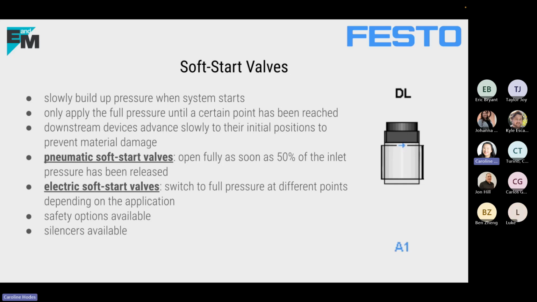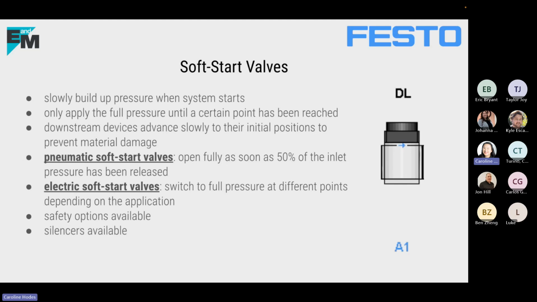The soft start valves will slowly build up pressure when a system starts. They'll only apply the full pressure once a certain point has been reached. Those downstream devices advance slowly to their initial positions to prevent material damage. There are two different types of soft start valves.